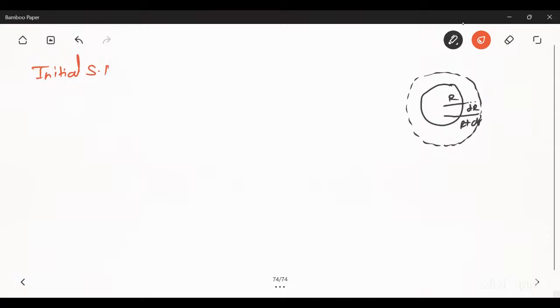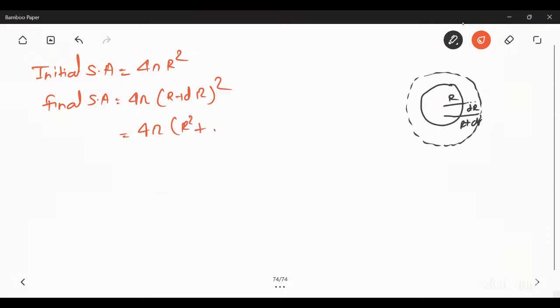The initial surface area of the spherical drop is 4 pi r square. The final surface area is 4 pi times (r plus dr) whole square. Open the formula: r square plus dr square plus 2 r dr.